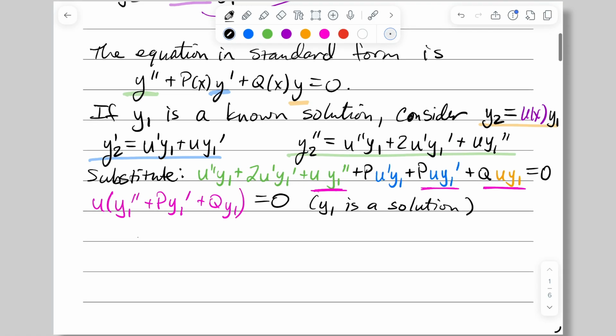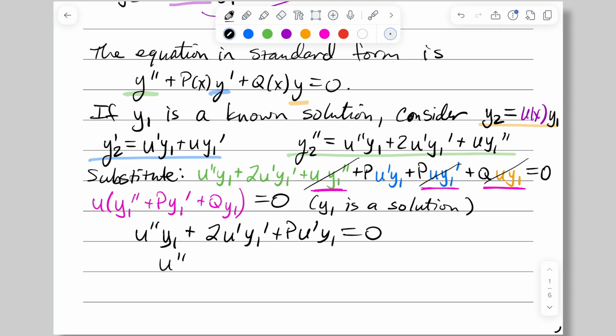And what we have left can be written as u double prime y1 plus, with all the terms containing u gone, 2u prime y1 prime plus pu prime y1 is equal to 0. And we can express this in terms of u prime: u double prime y1 plus 2y1 prime plus py1, that whole thing times u prime equals 0.